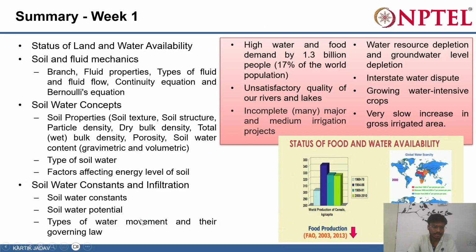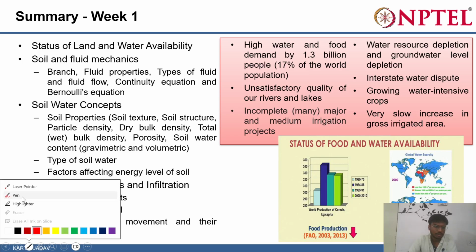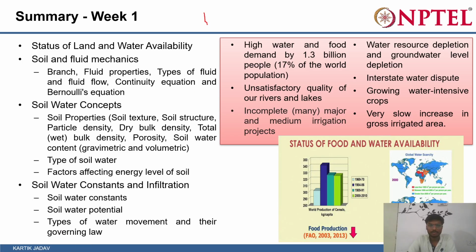But as I highlighted, in terms of population, India represents 17% of the world population, right? But we only have 4% of the global water resources and only 2% of the land surface. With those limited resources, we need to feed 17% of the population.